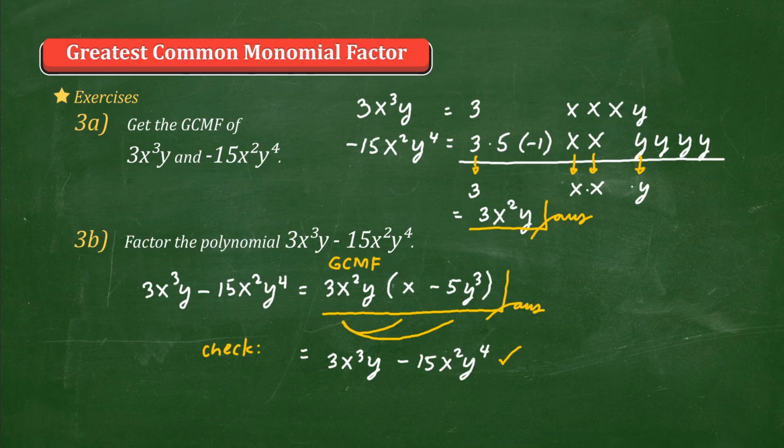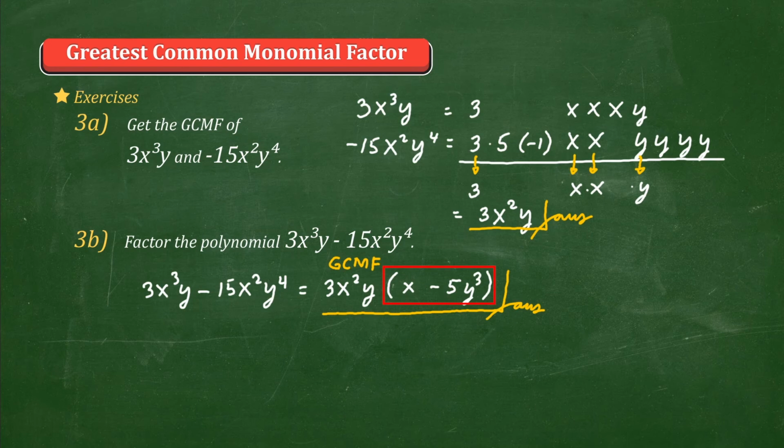But before we go to our next set of exercises, let's look at the second factor here, the quantity x minus 5y cubed, which we know we got from dividing 3x cubed y minus 15x squared y to the fourth by the GCMF 3x squared y. Let's look at x here and compare it to our prime factorization here on top.